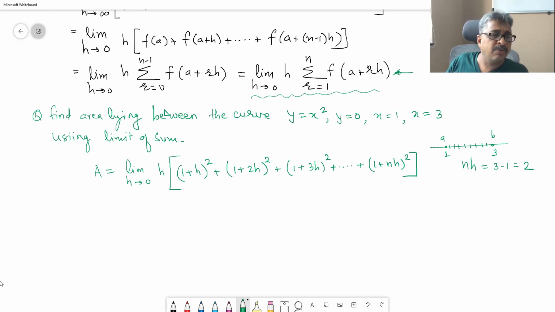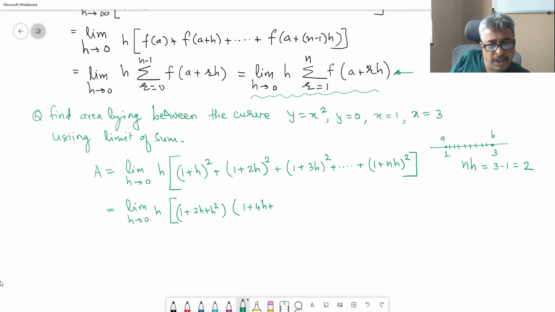Now it is a calculation of evaluating this limit. It is a limit problem now. So limit as h tends to 0, h inside bracket. What will be this? 1 plus 2h plus h square. What will be this? 1 plus 4h plus 4h square plus 1 plus 6h plus 9h square.